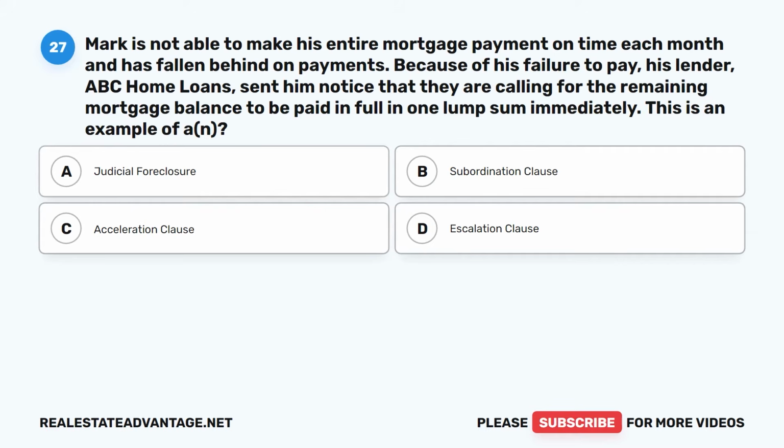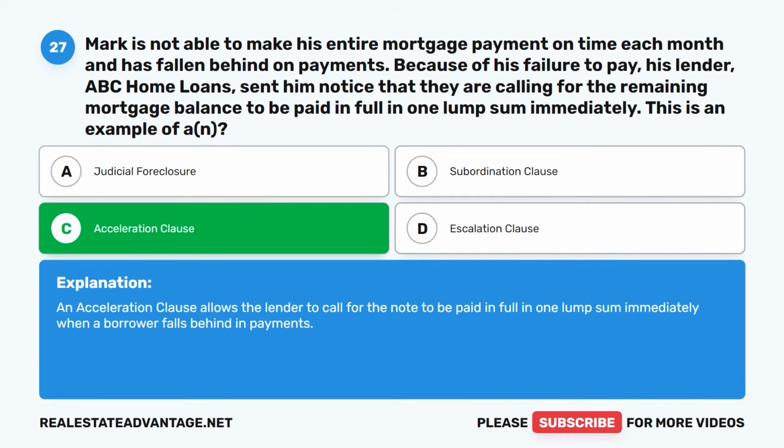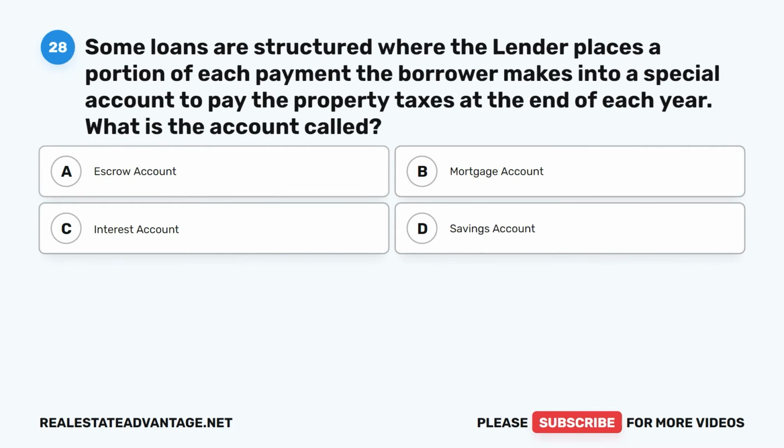This is an example of A. Judicial foreclosure, B. Subordination clause, C. Acceleration clause, D. Escalation clause. The correct answer is C. Acceleration clause. An acceleration clause allows the lender to call for the note to be paid in full in one lump sum immediately when a borrower falls behind in payments.